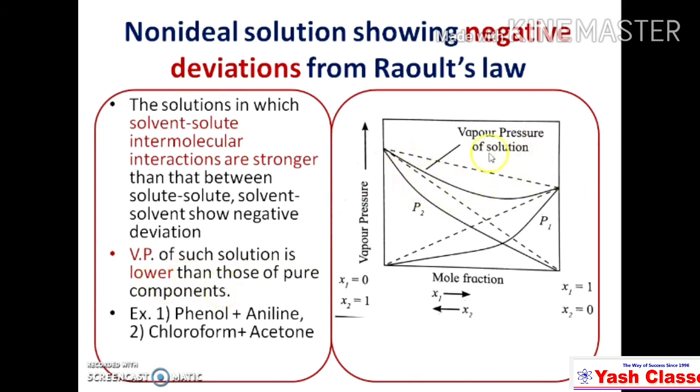Now again look at this diagram. The dotted line represents the ideal behavior. So this is the ideal total pressure of the solution, and this line is the ideal partial pressure of one component. This dotted line again shows the partial pressure of another component when it shows ideal behavior.